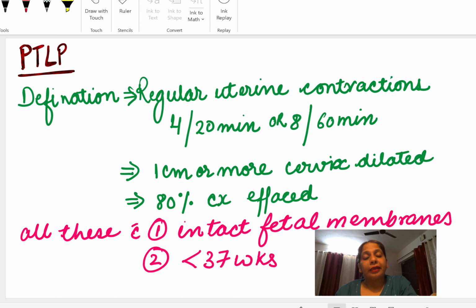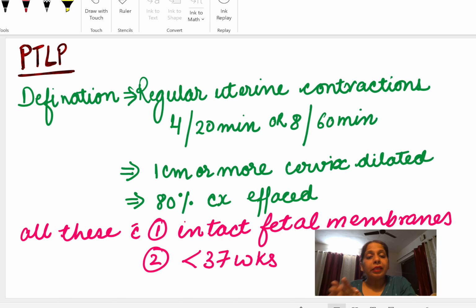Do you remember? No doubt cervical dilatation was the most important component, and after that the other two components were cervical consistency and cervical position. But here they have taken only two components, effacement and dilatation, and the third component is regular uterine contractions, 4 in 20 minutes or 8 in 60 minutes.